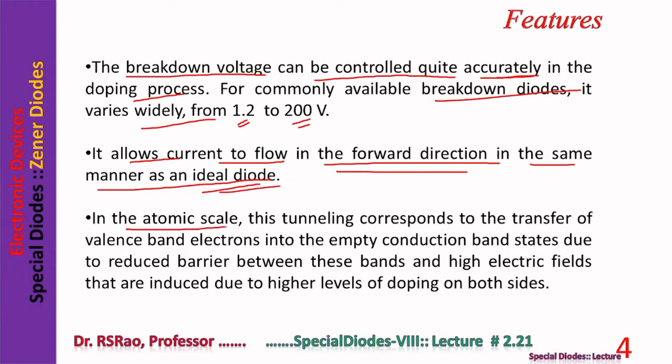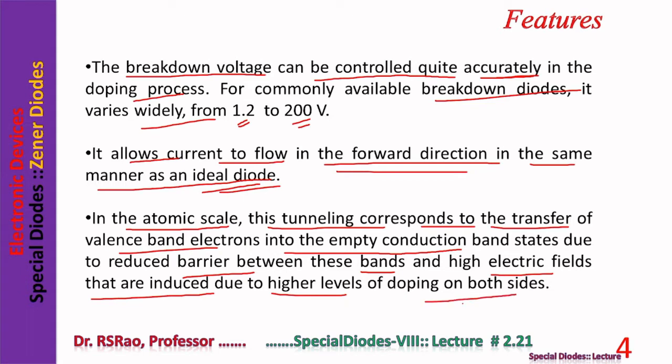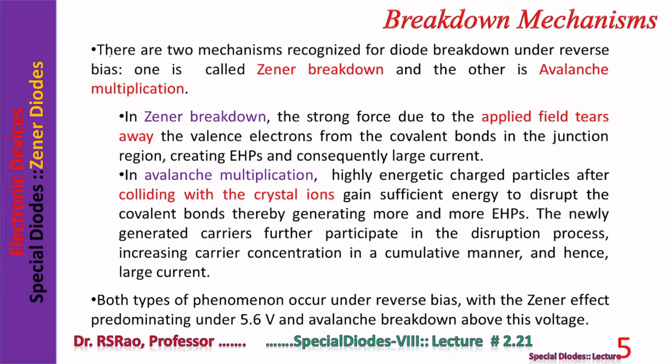Another point, on the atomic scale, this tunneling corresponds to transfer of valence band electrons into empty conduction band states due to reduced barrier between these bands and high electric fields that are induced due to higher levels of doping on both sides.